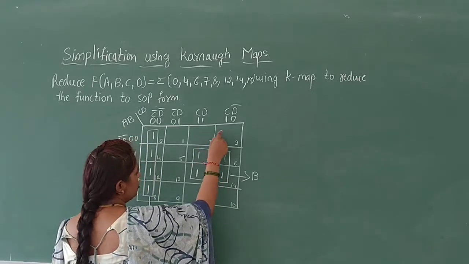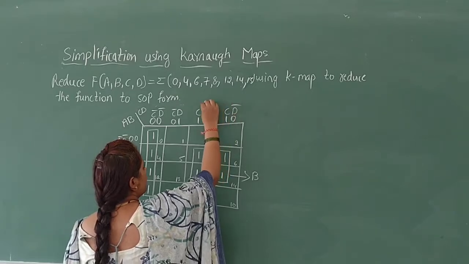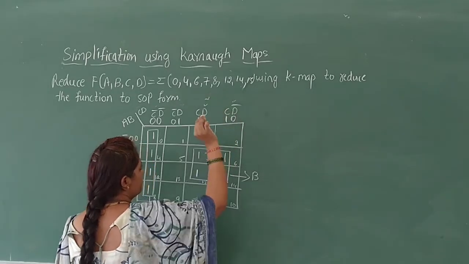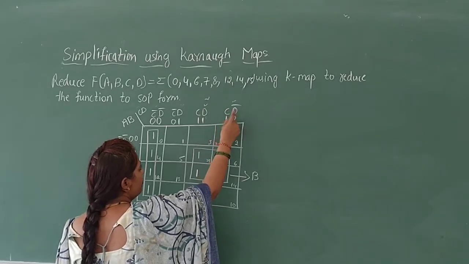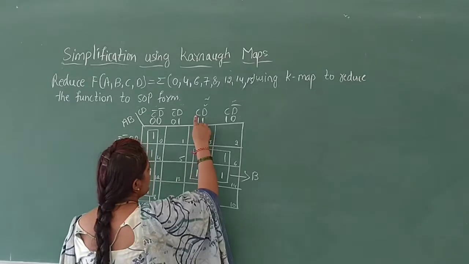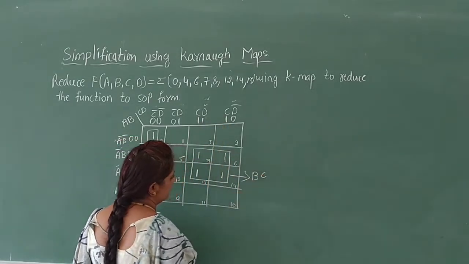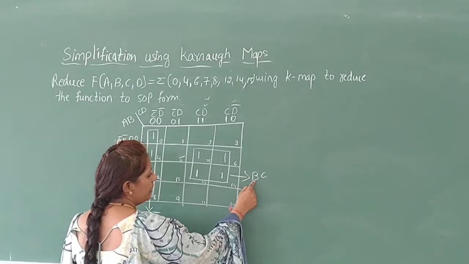And compare these 2 columns C, D bar. Here D bar is removed because the D value changes from uncomplemented to complemented. Only C is taken. And the minterm of this quad is BC.